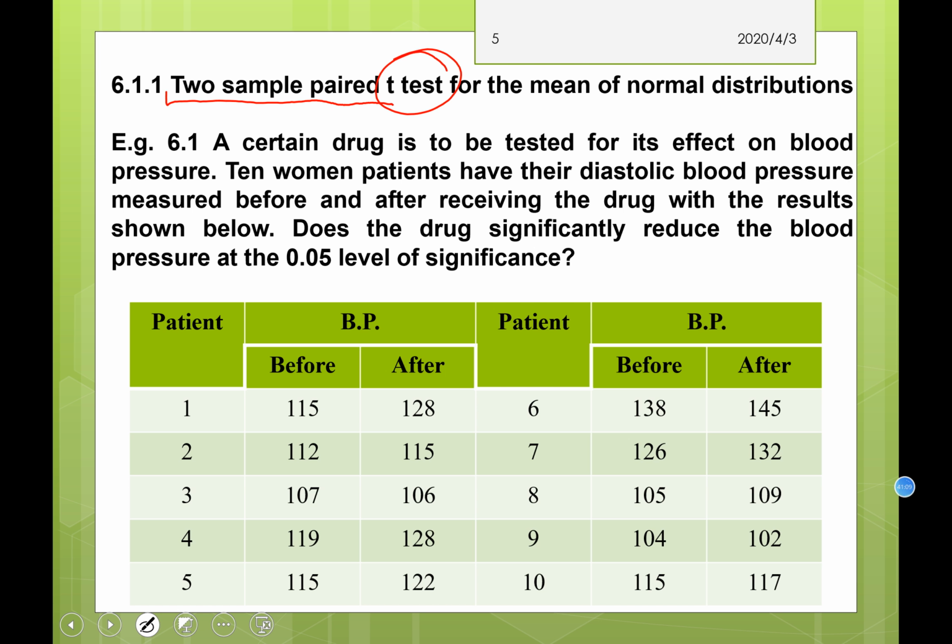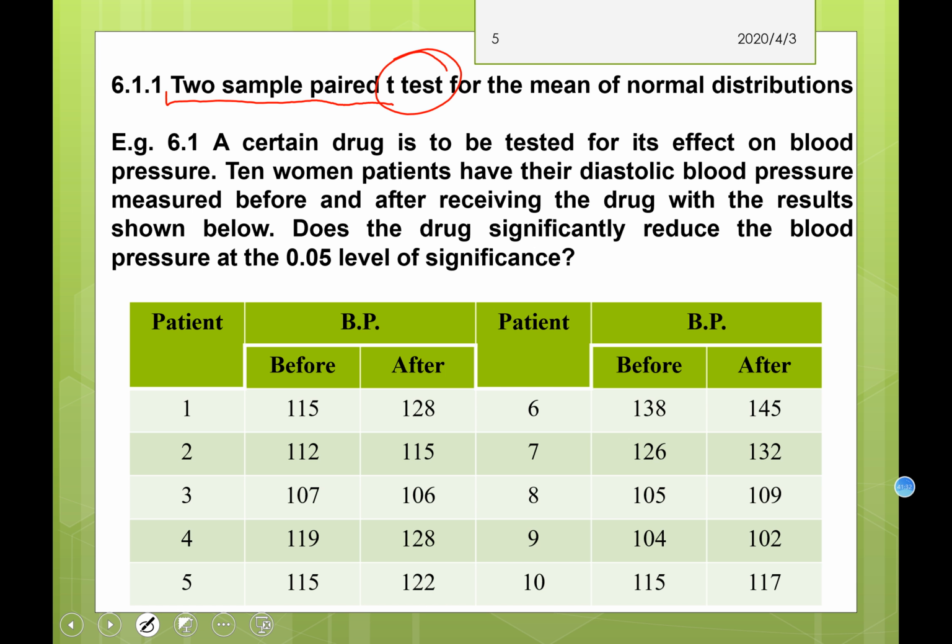Okay, let's read this question. A certain drug is to be tested for its effect on blood pressure. 10 women patients have their diastolic blood pressure measured before and after receiving the drug, with the results shown below.